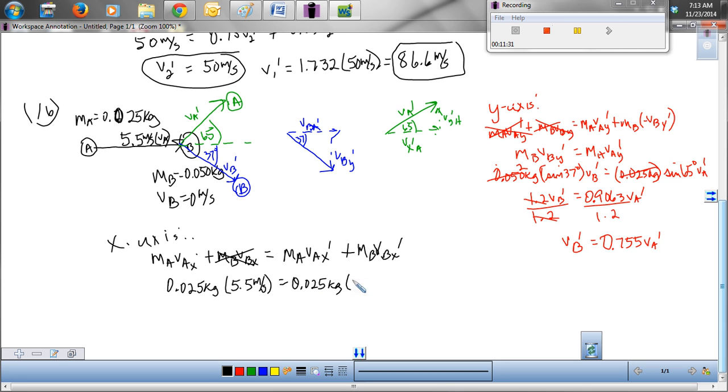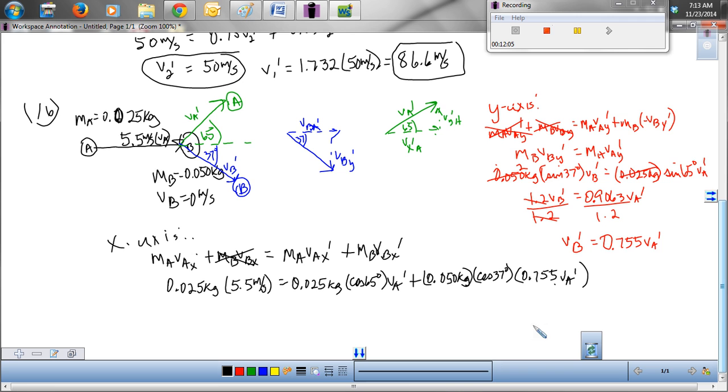Moving at, okay, this is going to be the cosine of 65 times VA prime, plus the mass of B is 0.050 kilograms, times the cosine of 37. And then instead of putting in VB prime, I'm going to put in 0.755 VA prime.